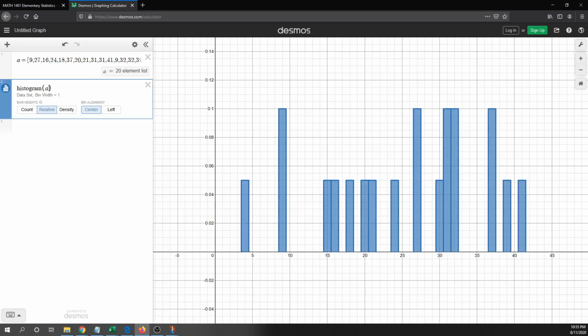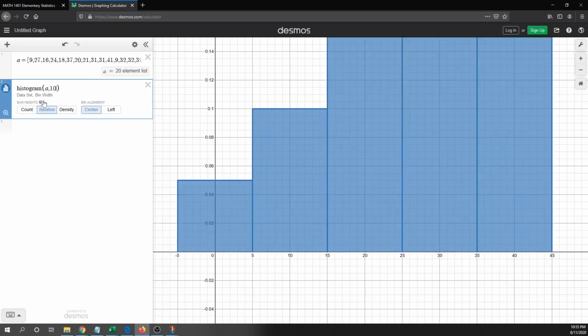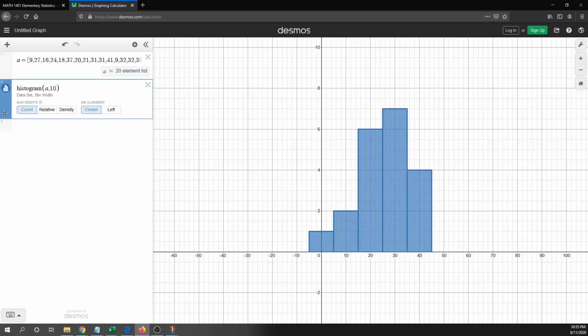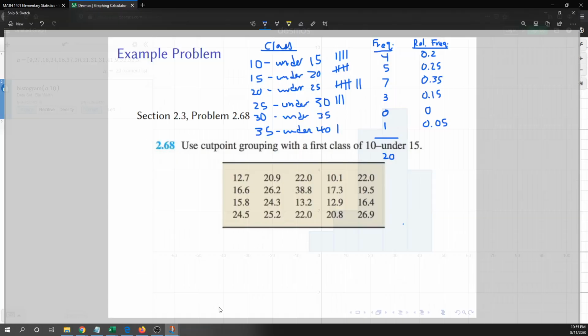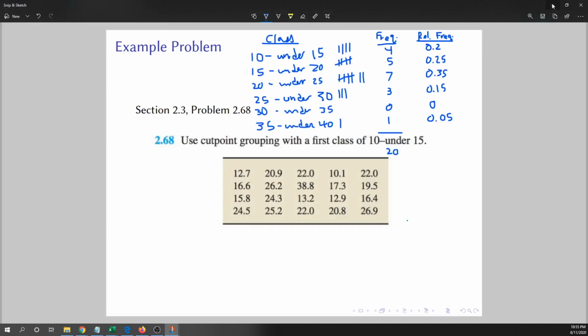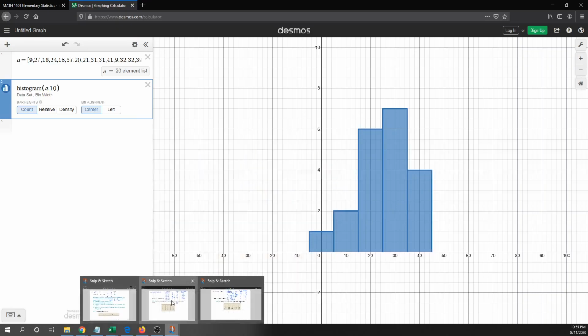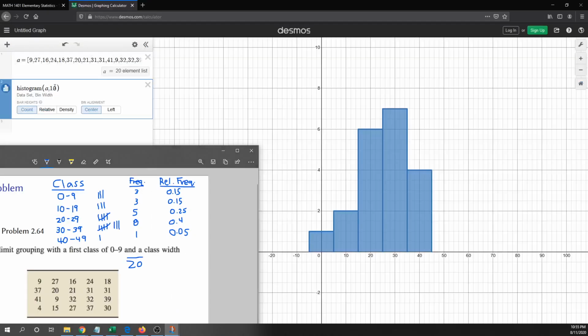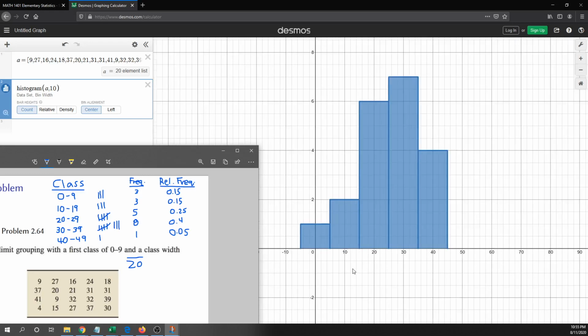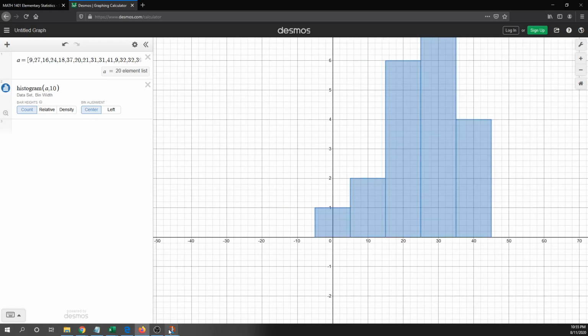So if I do this, then we should get exactly, I'll switch back to count for the first one and hit that zoom button. All right, and put this 10 in here, we should get exactly the one we want. So it's a little bit harder to see.